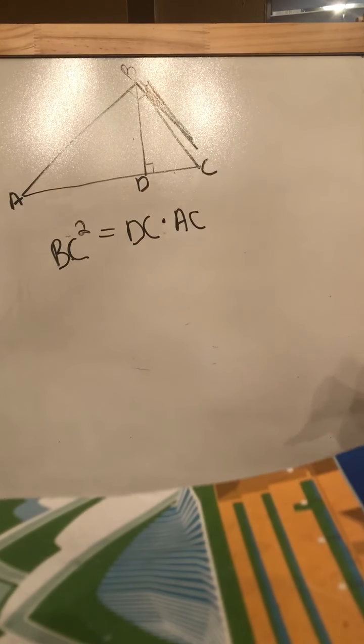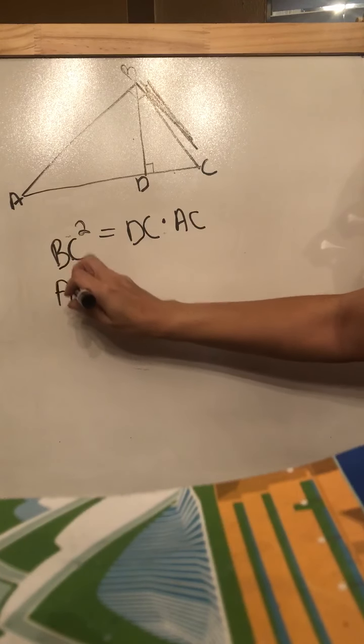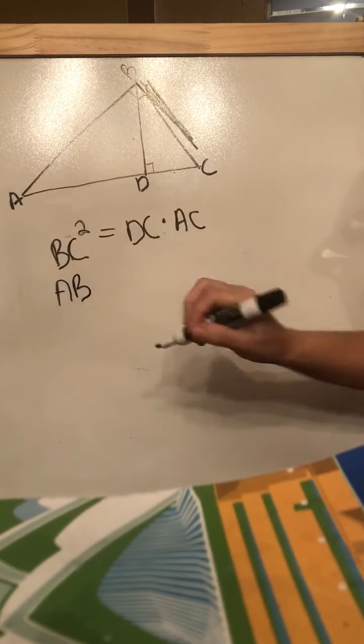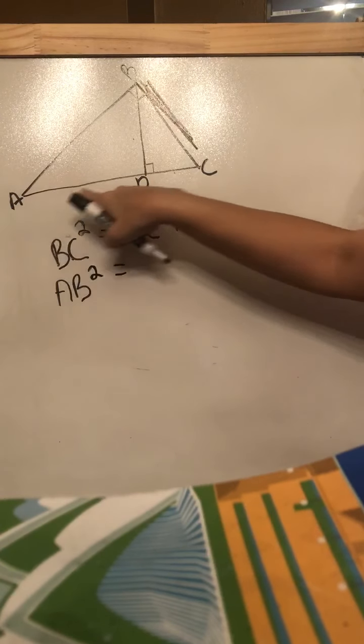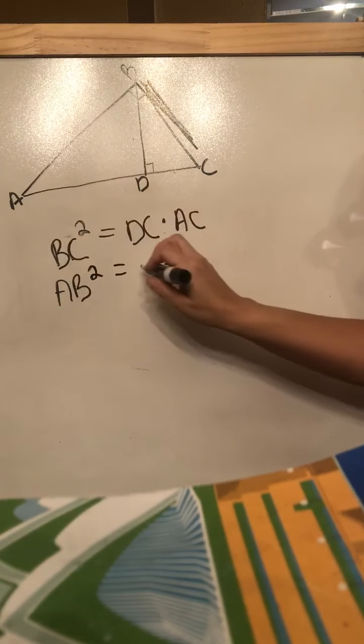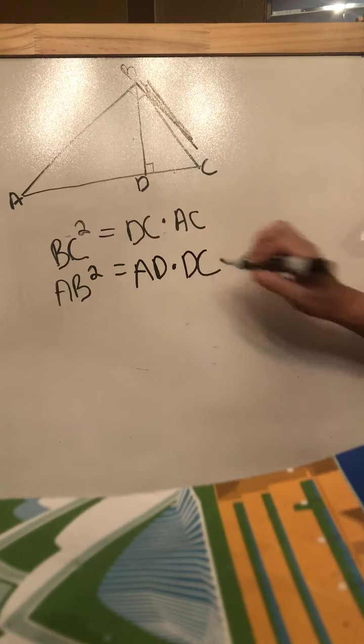What if we do it for the other side? So this time we're going to find the leg on this side. So we're going to have AB squared equals part of the hypotenuse that's connected to the leg, AD times DC.